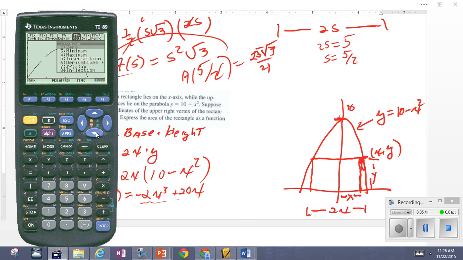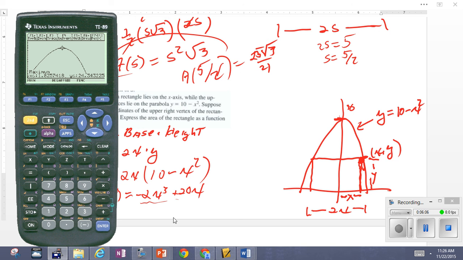We're going to find our maximum. We scroll to the left, enter, scroll a little bit to the right, enter, and it's going to determine for us that the max is at x equals 1.825 with a maximum area of 24.34.